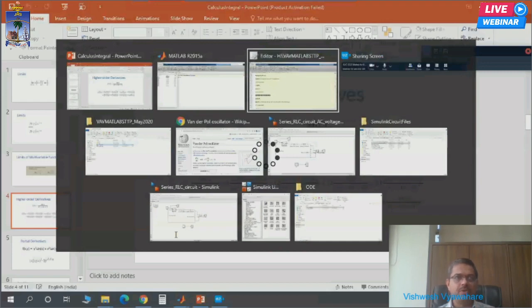It has opened. So you see, let me zoom in. It calculates integration. Basically, we'll not go into much details of that. Let's try to directly evaluate a problem.